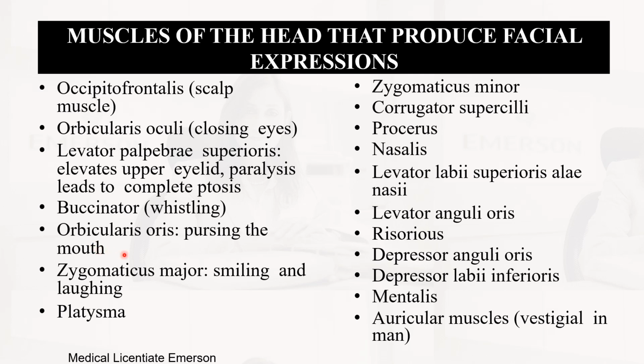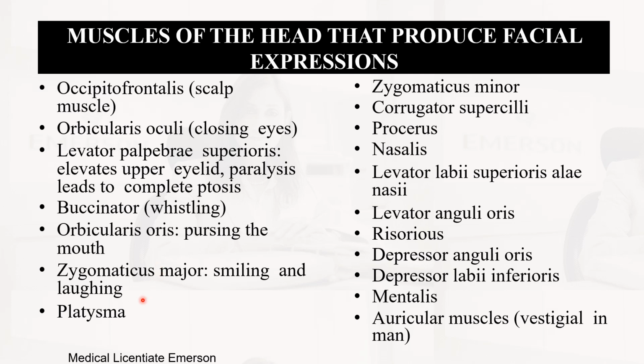Then you have the orbicularis oris, which is used when you want to purse the mouth. Then you have the zygomaticus major, which is used when smiling and laughing. You can even try to smile wherever you are, so that you know that what I'm using is the zygomaticus major.